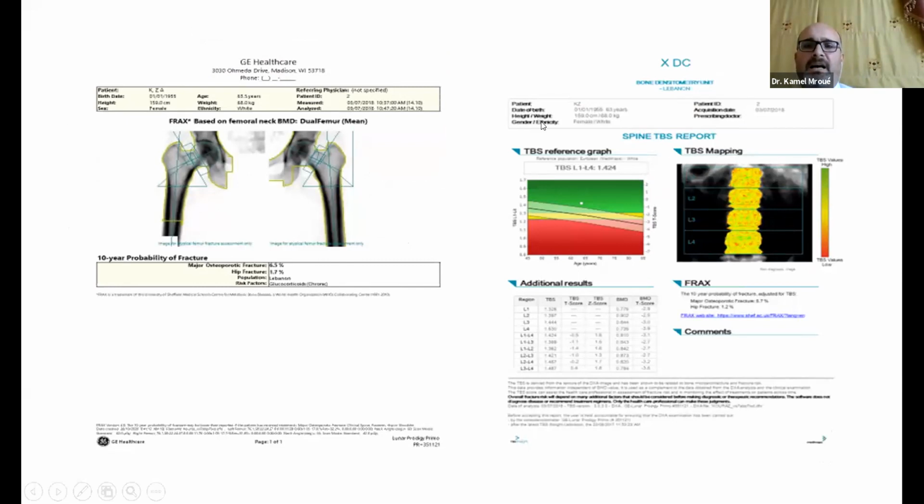Since she has a good trabecular bone score, 1.4, her FRAX corrected for TBS didn't change much. It changed only from 6.5 to 6.7%. So if you have a good TBS, your FRAX may not change appreciably.